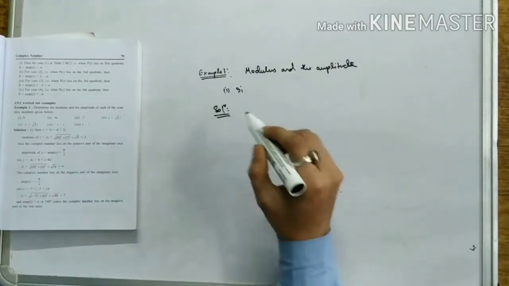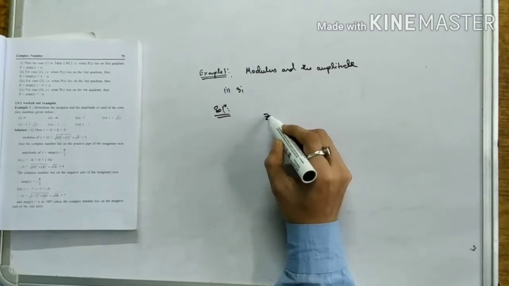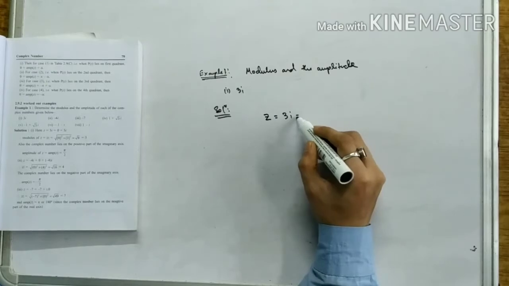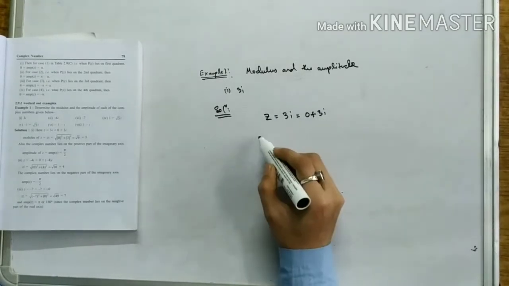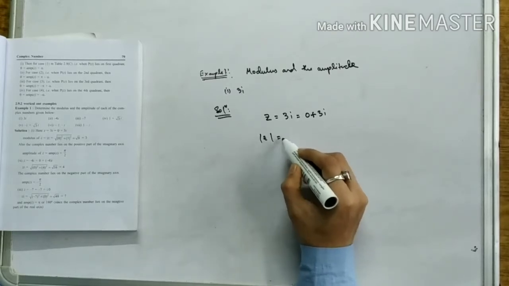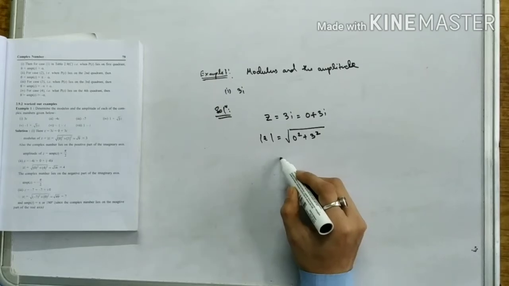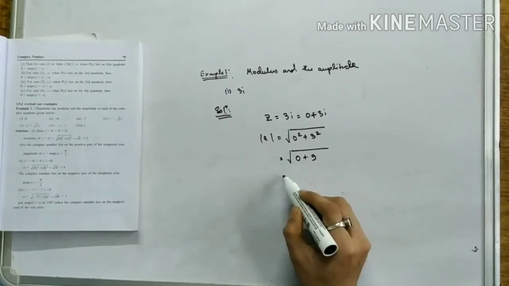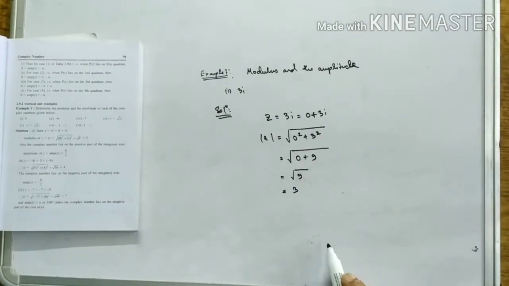Okay, so in here you see z is equal to 3i, which I can write as 0 plus 3i. So modulus of z will be equal to root over 0 square plus 3 square, which will be root over 0 plus 9, root over 9, which is equal to 3.